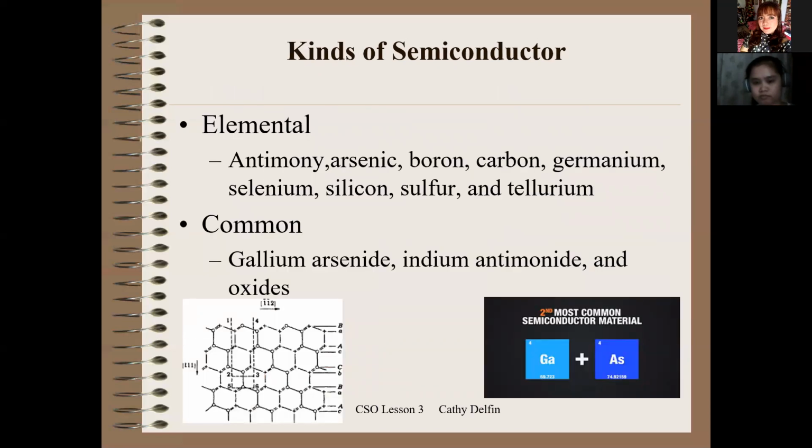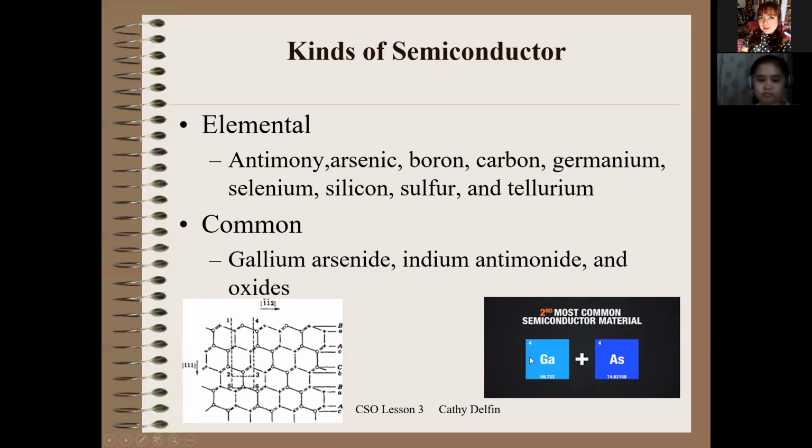So, we also have the elemental. Elemental contains elements like antimony, arsenic, boron, carbon, germanium, selenium, silicon, sulfur, and tellurium. So this diagram below shows the elemental kinds of semiconductor.